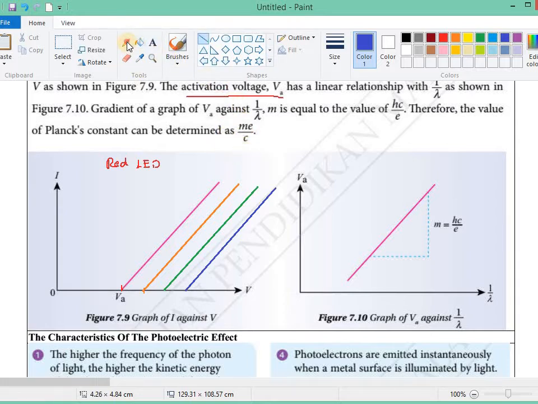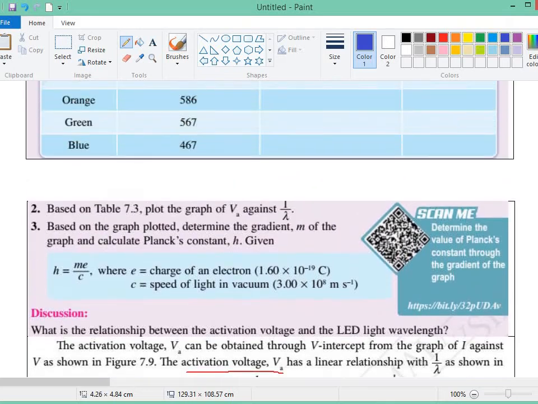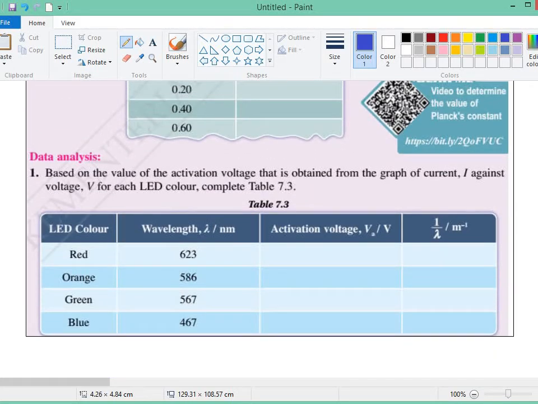So why is it like that? Why is it that different color LEDs have different activation voltage? Okay, the reason is that different colors of light have different wavelengths.